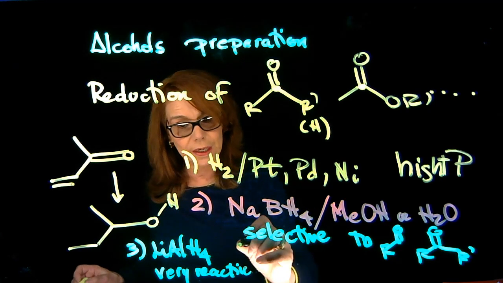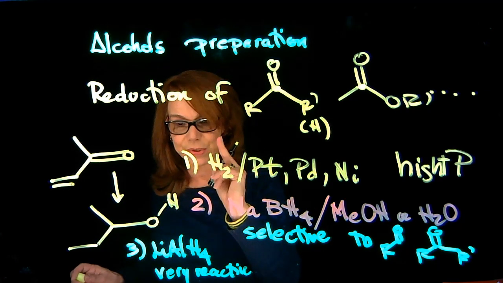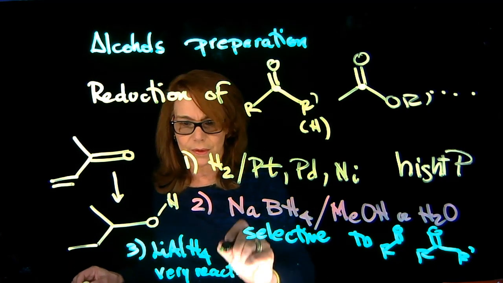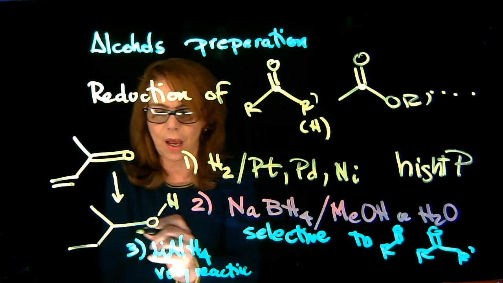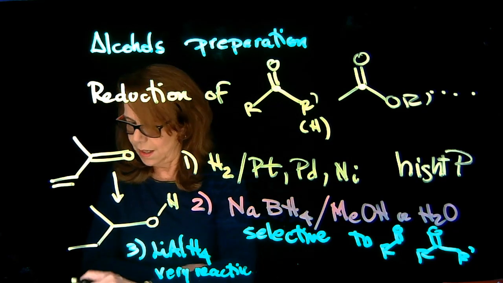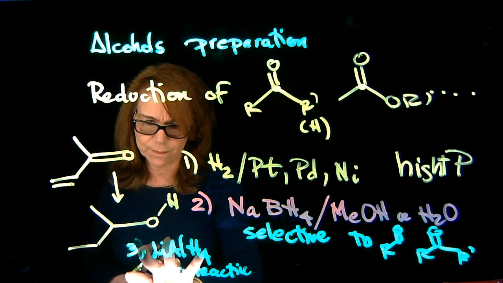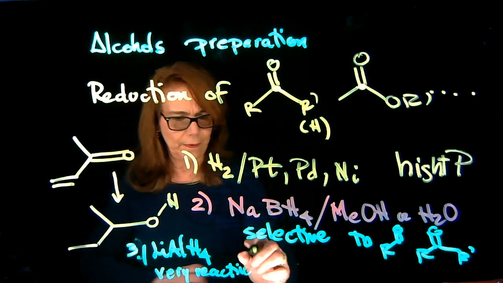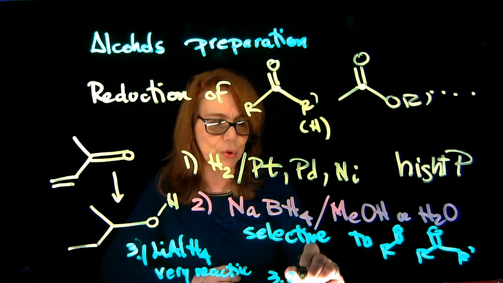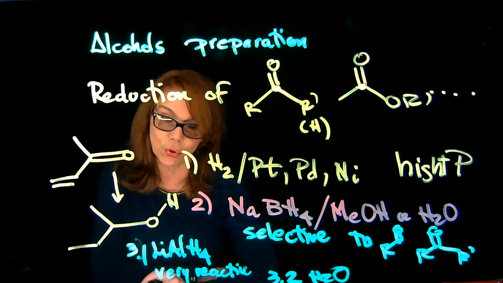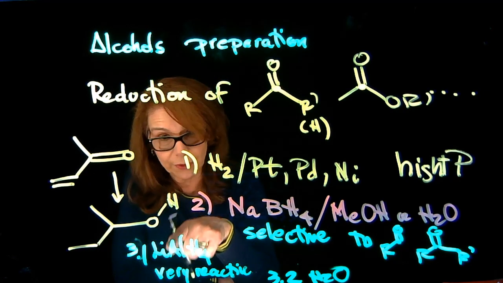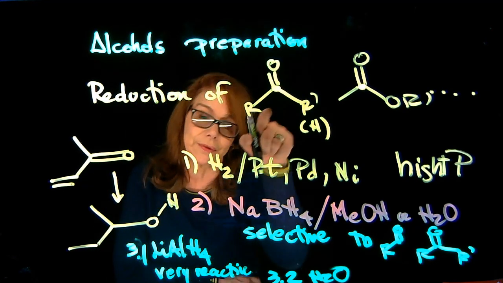So those reactions need to be carried out in 2 steps. Step 1, doing the reduction. Step 2, add water. So again, I'm going to say 3.1, and then 3.2, you add water to that. Not before, because you will destroy the lithium aluminum hydride, and that reaction is now faster than that.